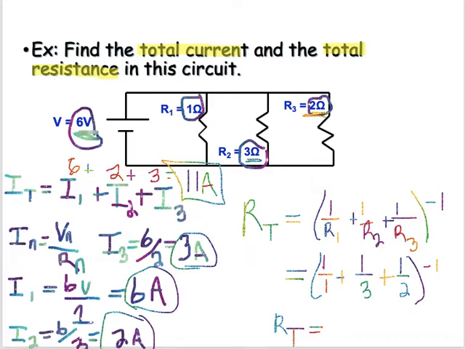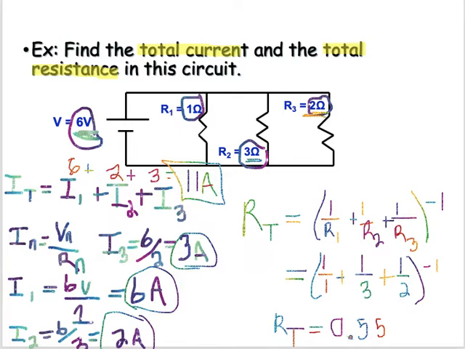Okay. All right, and for my resistance total, I got 0.5454545. I'm going to round that to 0.55.